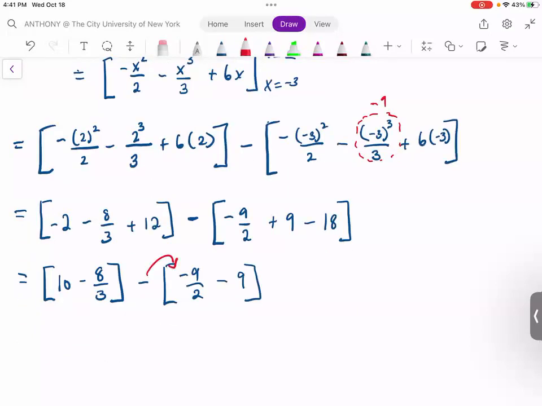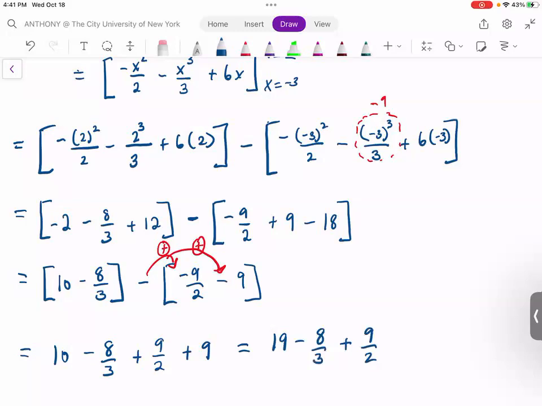So because both of these terms were negative, they become positive. So what we're going to have is 10 minus 8/3 plus 9 halves plus 9. 10 plus 9 is 19. So you have 19 minus 8/3 plus 9 halves.